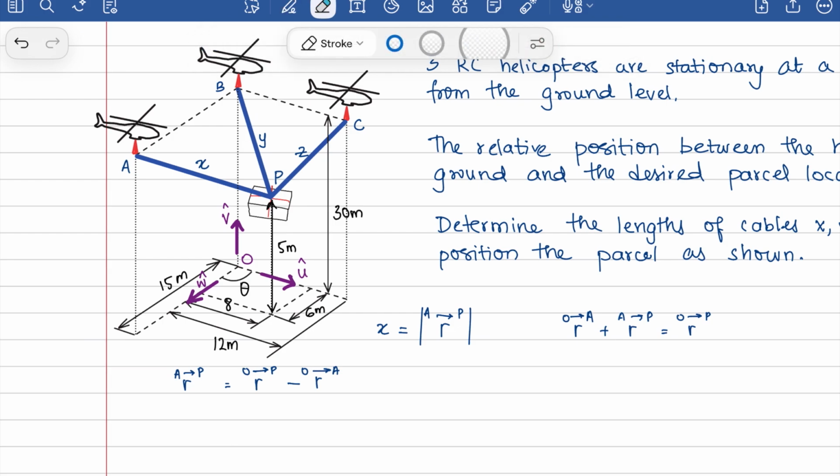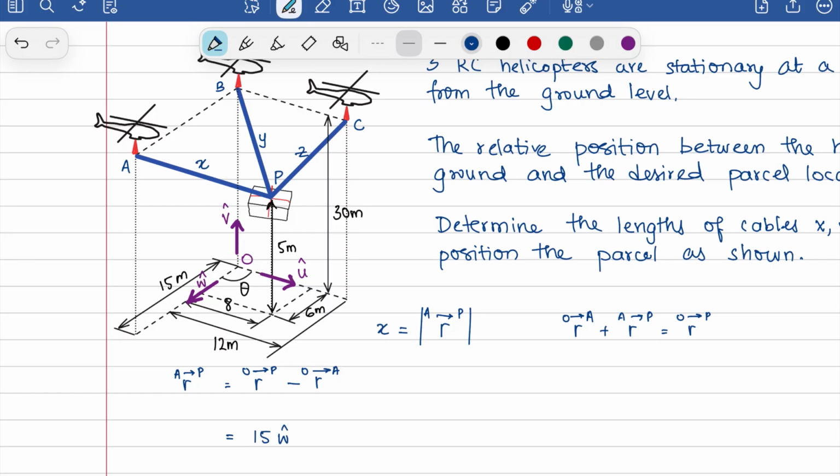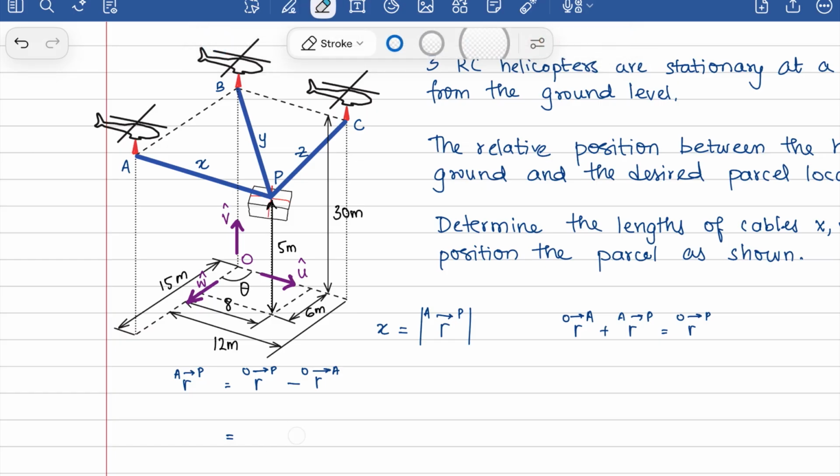Okay, so we have what is O to P. Sorry, O to P is this one.